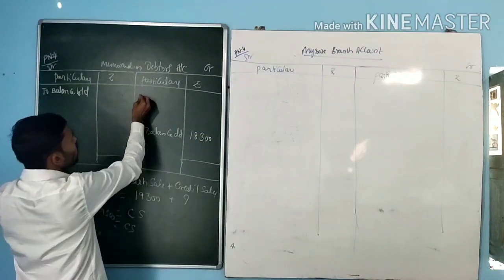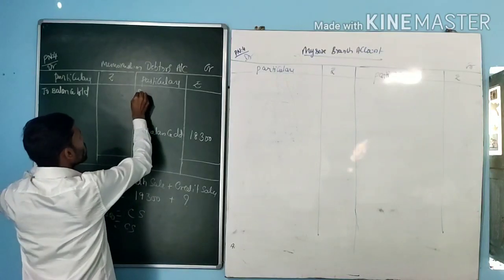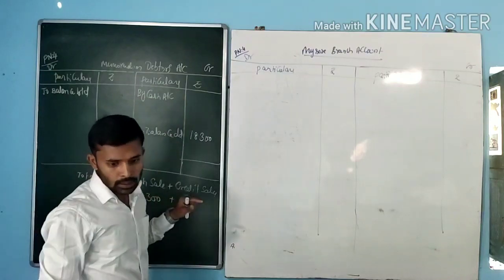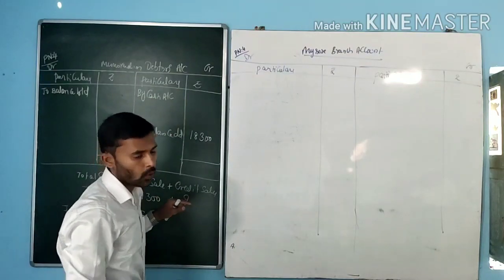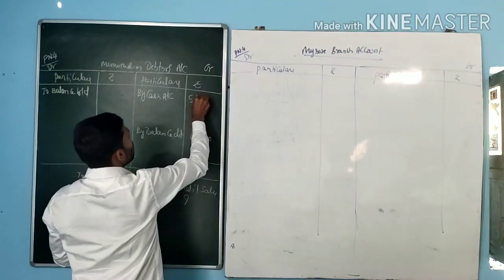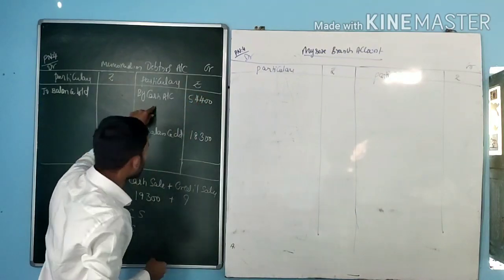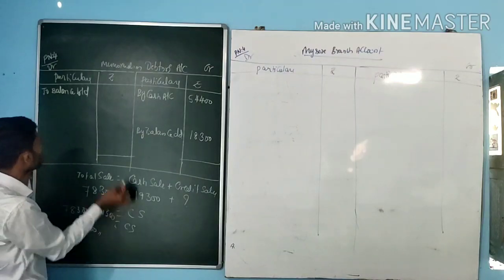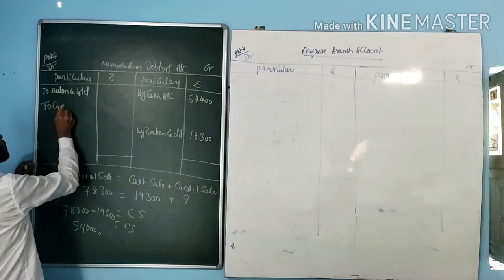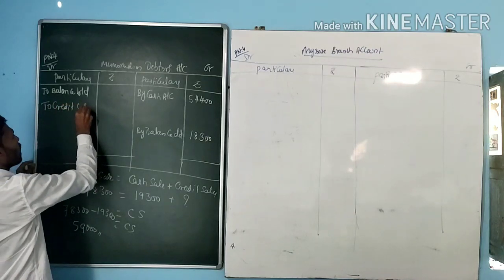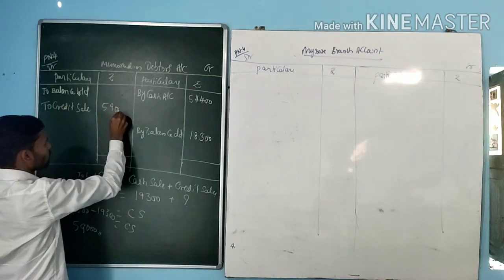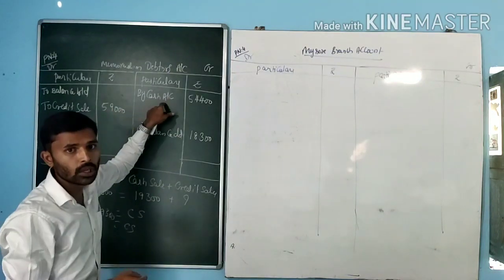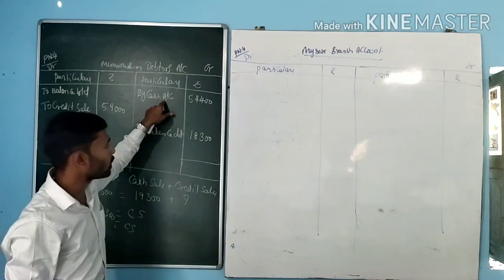Again, there is a cash receipt from debtors by cash account, amount 54,400. It is cash receipt from debtors. Next, is there any credit sales? We have already calculated the credit sales. To credit sales amount 59,000. There is no discount allowed, there is no bad debt, there is no sales return. That is all.